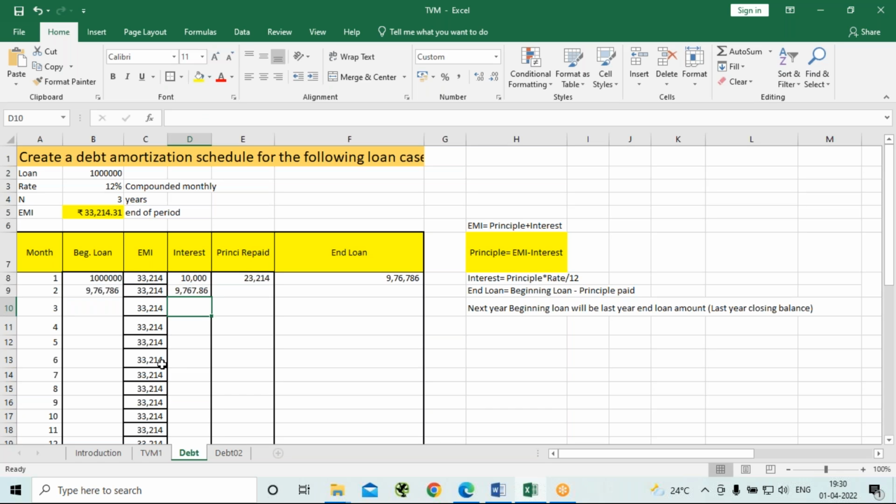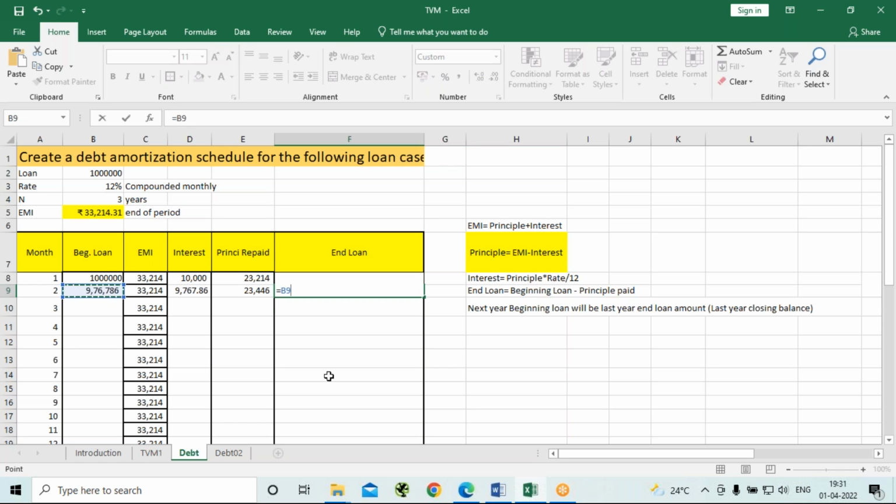So it is going to be 9,767.86, and principal will be equal to EMI minus the interest amount, and the end loan amount will be equal to beginning loan minus principal repaid.